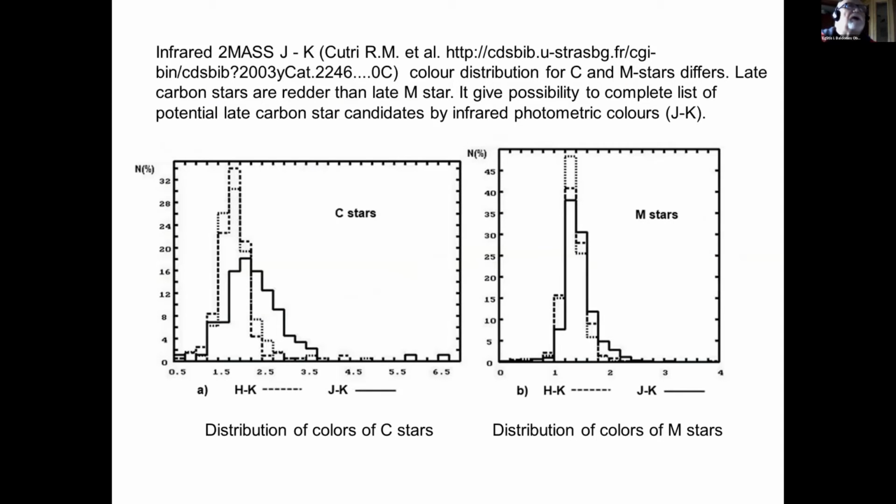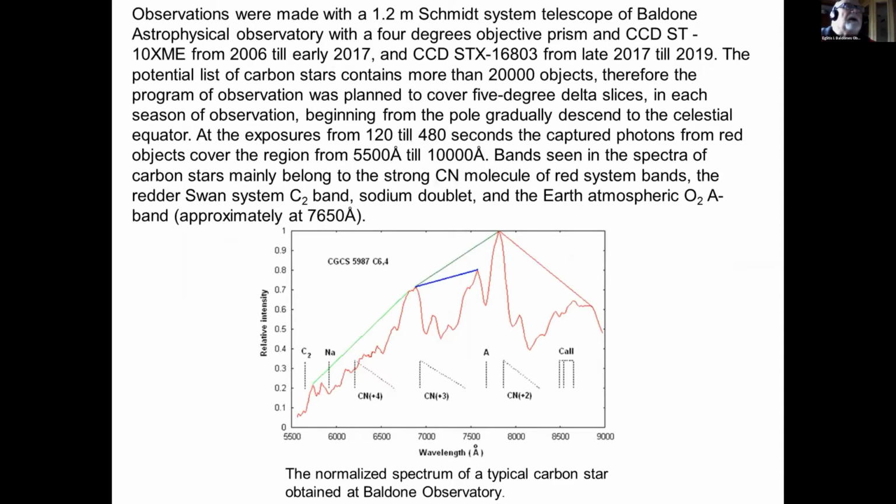To obtain a homogeneous sample of carbon stars is the task of this project, and it is convenient to use infrared 2-micron sky surveys, where we see that this index for carbon stars is greater than for M stars. Based on this criterion, we have a list of potential carbon stars, but of course this list needs checking.